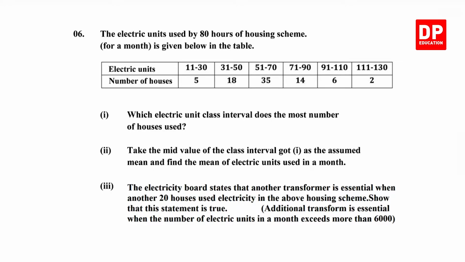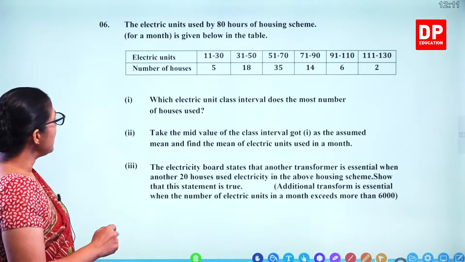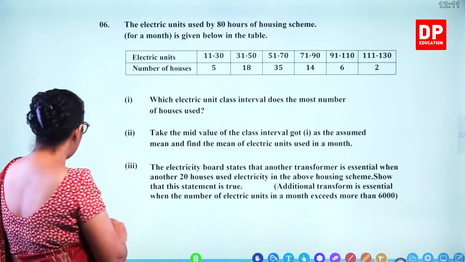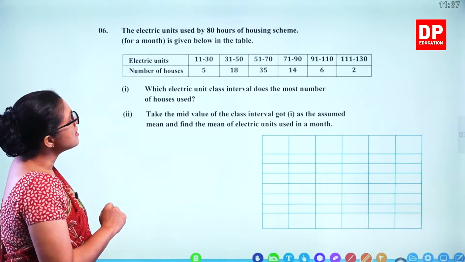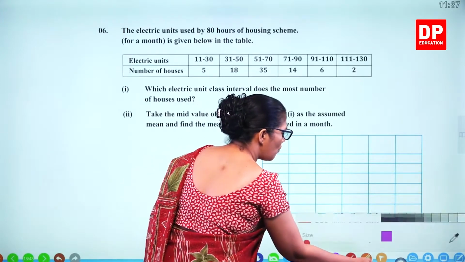Let's do question number 6. It's a statistics question, so you have to do 3 parts here. Let's do them separately. The electric units used by 80 houses of a housing scheme for a month is given below in the table. Which electric unit interval do the most number of houses use?